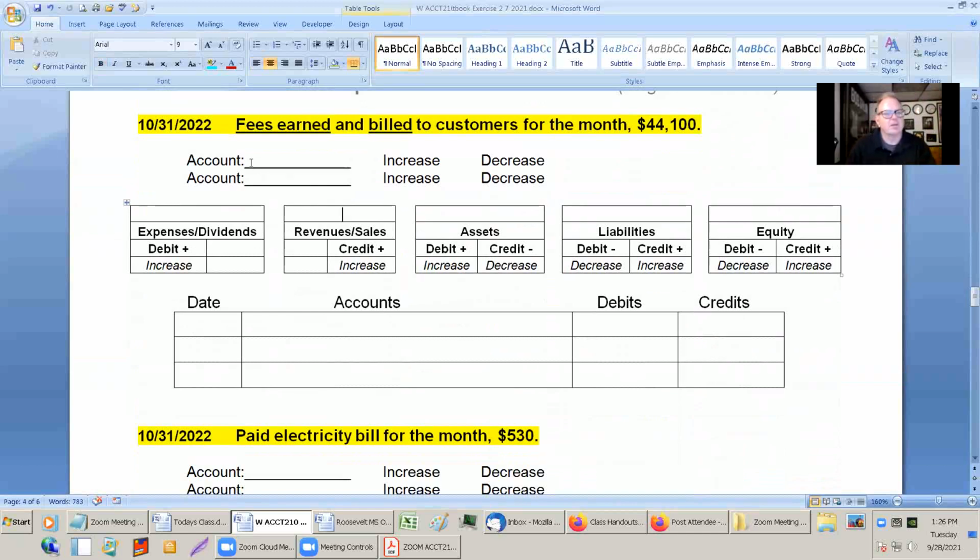So the account they had is fees earned, right? What's going to be on the other side? What's the other account? Accounts receivable. Yep.